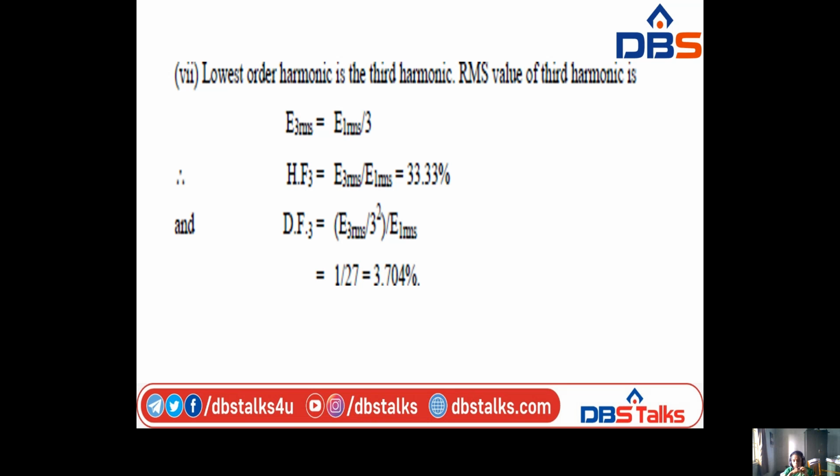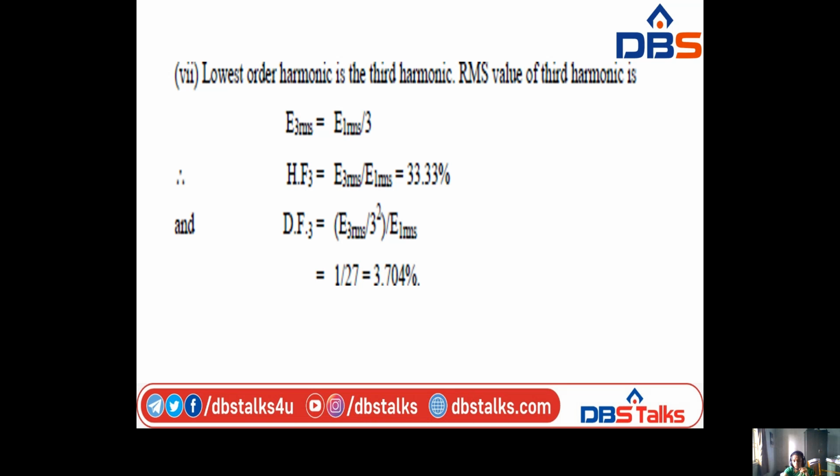For the lowest order, the third harmonic will be the lowest order. E3 RMS equals E1 RMS by 3, that implies E3 RMS by E1 RMS. So the harmonic factor HF3 equals E3 RMS by E1 RMS, 33.33 percent. Then the distortion factor equals E3 RMS by 3 whole square by E1 RMS.